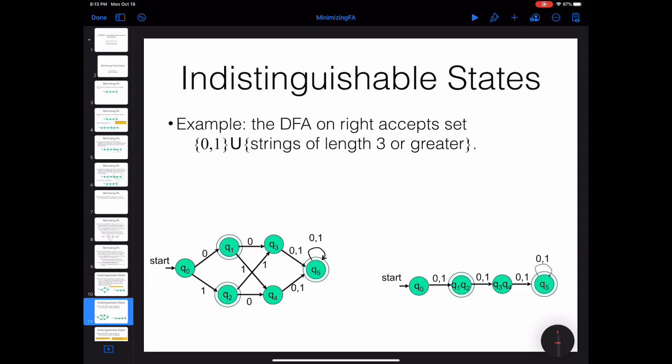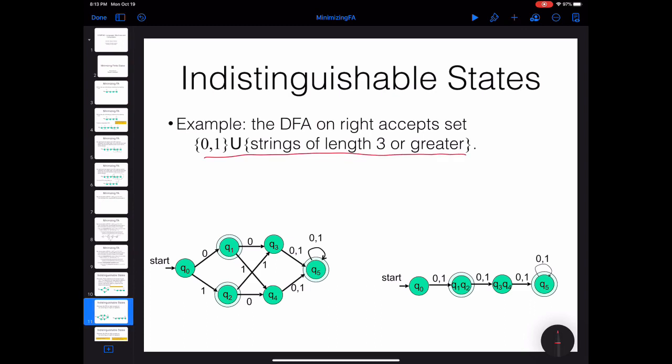And from Q1, if you see anything else, with 0, it goes to Q3. With another token, it goes to Q5. Or from Q2, it actually needs to go to 0 or 1, and at the end actually end up to Q5. So this is going to be the language of this automaton.